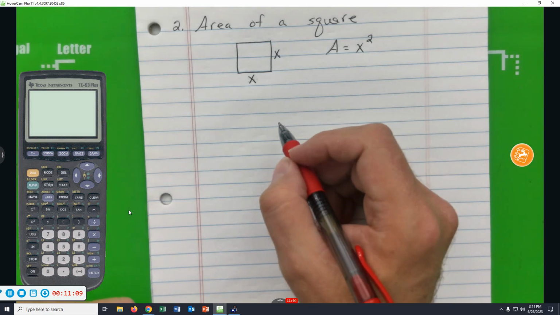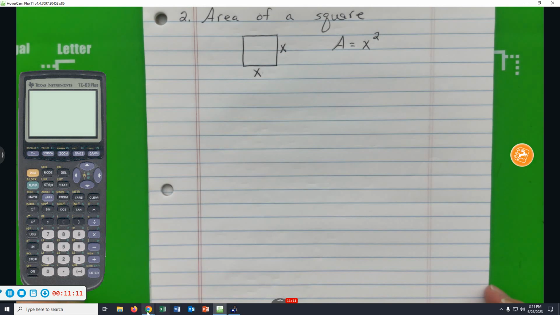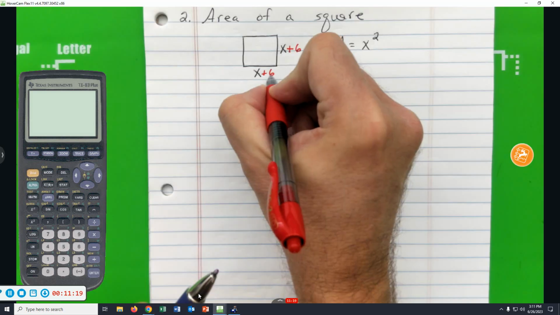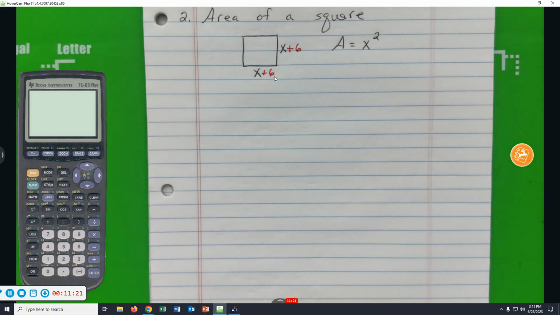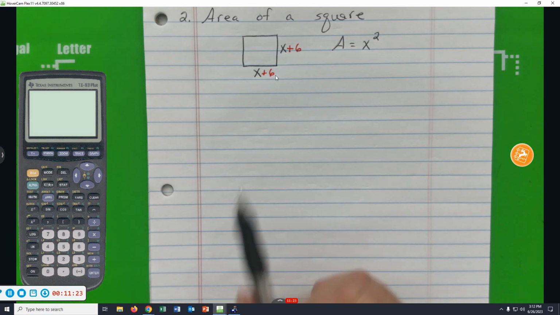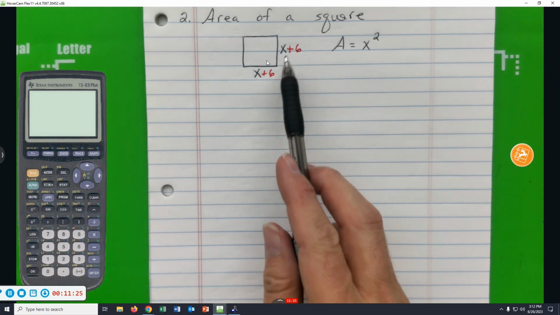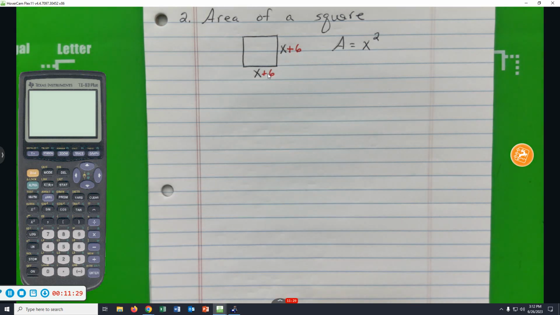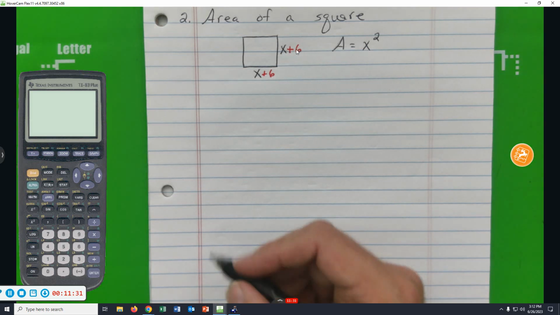Now, the problem says the two sides are lengthened by 6 centimeters. That means they're increasing the length by 6 centimeters. So whatever the original length of the side was, you're adding 6 to both of those.